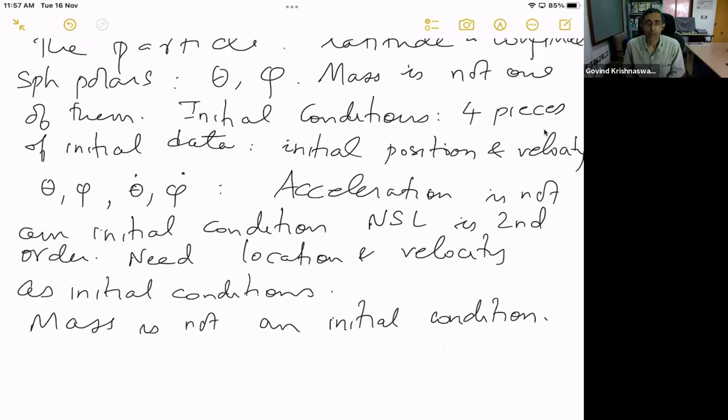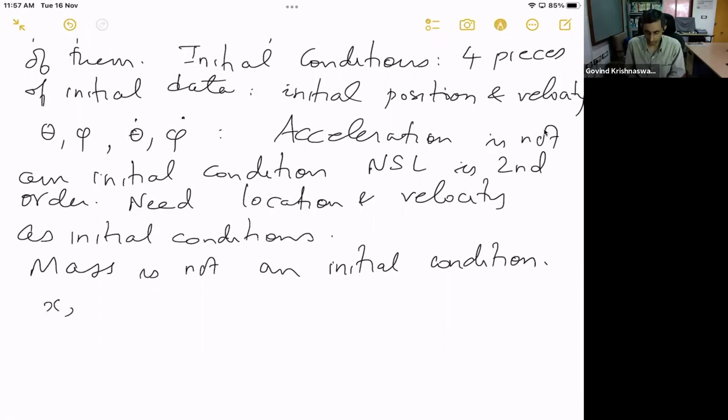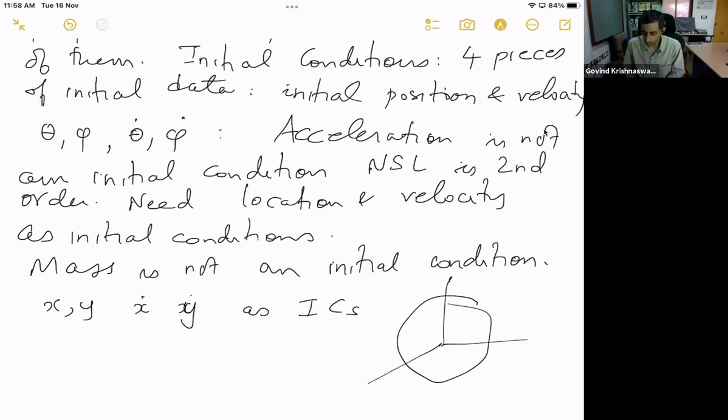Some of you have suggested to use x and y and x dot and y dot as initial conditions. Well, it's not far off, but x and y, meaning the coordinates on the horizontal plane, if you do specify such a point on the xy plane, it determines 2 points on the surface of the sphere, one above and one below, on the upper hemisphere and the lower hemisphere, the northern hemisphere and southern hemisphere.